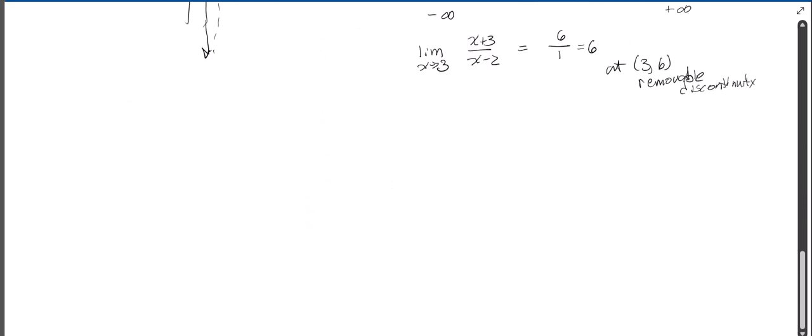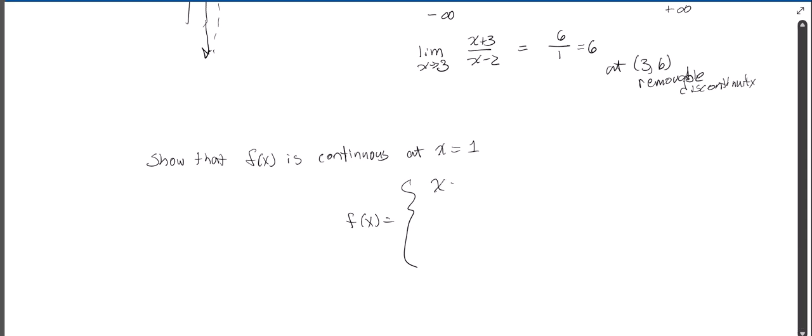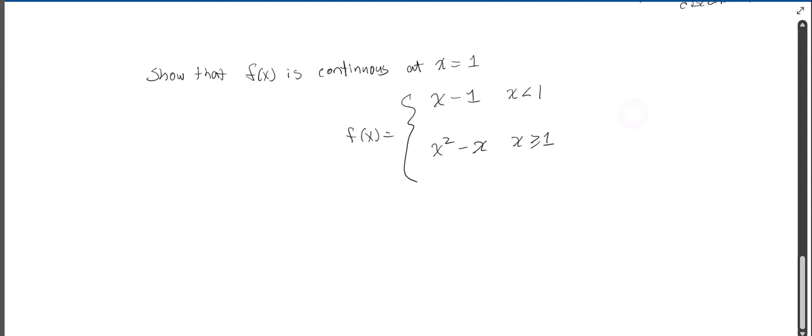Okay, last thing for this video is if you have a question that says something like this, show that it's continuous at x equals 1.